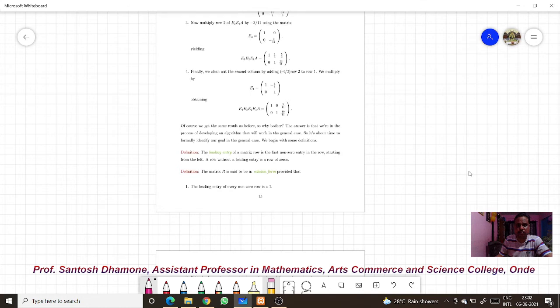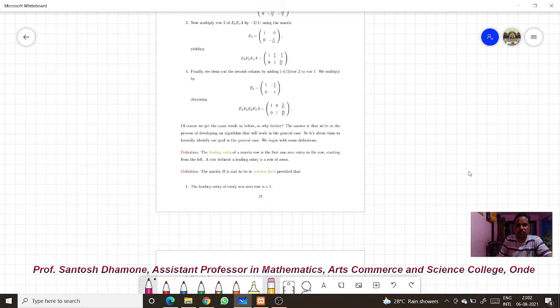Definition: the leading entry of a matrix row is the first non-zero entry in the row starting from the left. We check from left to right.